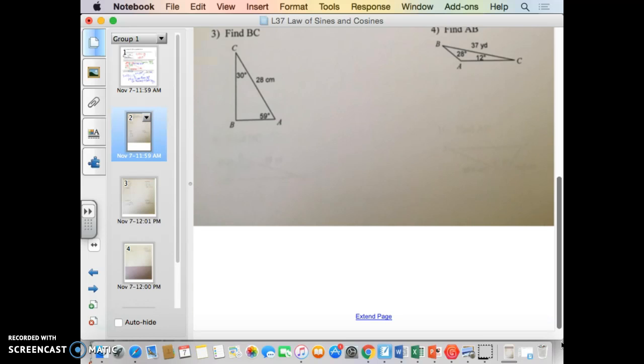Okay, so at the very bottom of page 26, the first thing I'm going to teach you is law of sine. You want to take these notes.